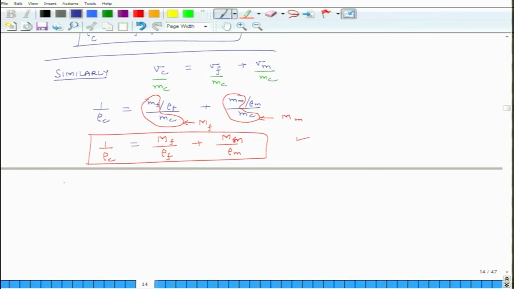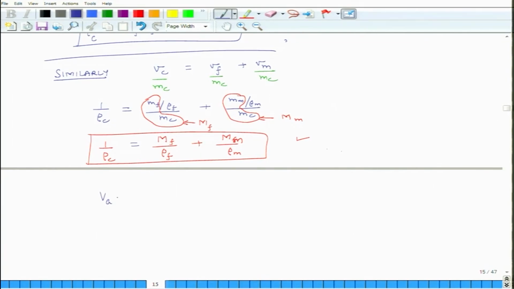Now, suppose your experimental results and the theoretical results for density as computed from here do not agree. That means that there is a significant amount of air in the system. So, how do you figure out the volume fraction of air?